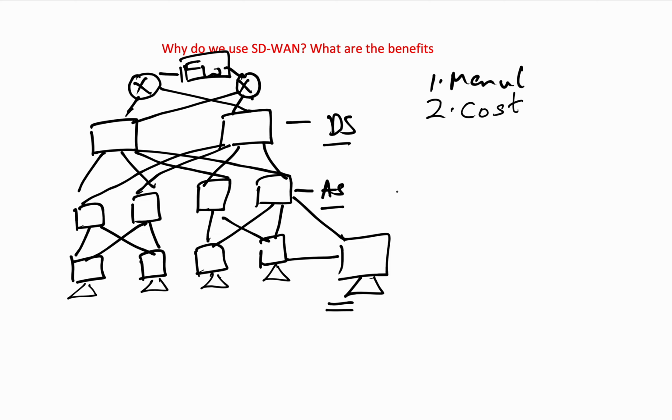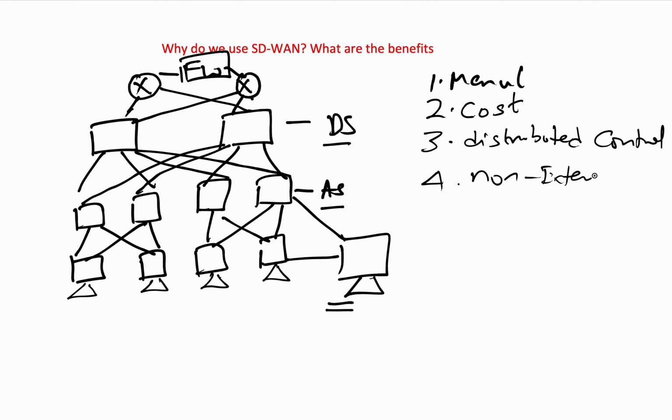So this was one of the factors. Third, you would not have any centralized control, only distributed control. Correct? But this was not extensive. You can't extensively go and configure every device, because this was too time-consuming.